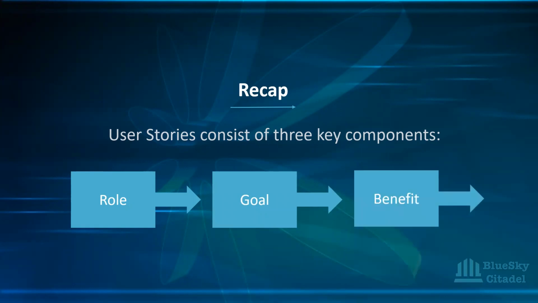And remember, we write our user story as: as a role, I want goal, so that benefit. So as a registered user, or as a visitor, or as a registered user of a particular website or mobile application, I want the goal so that the benefit.